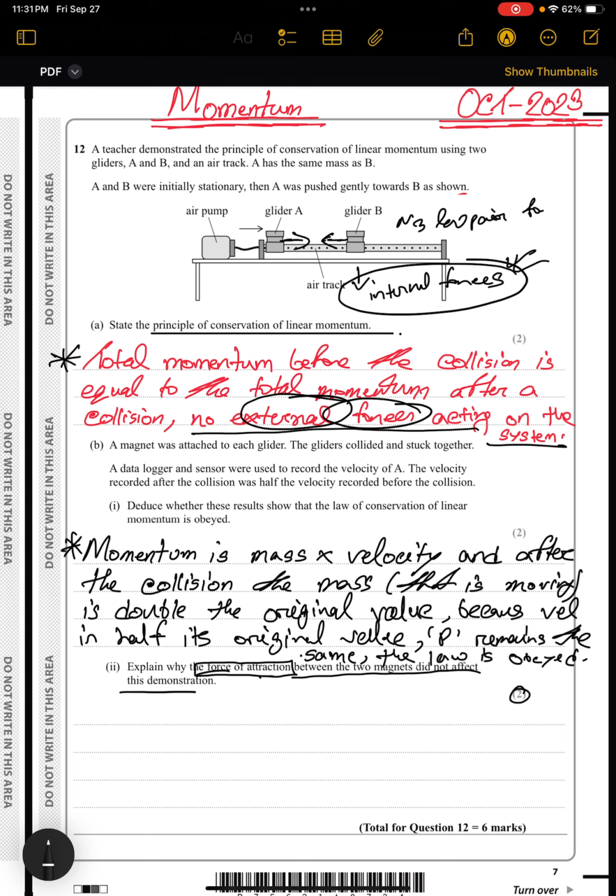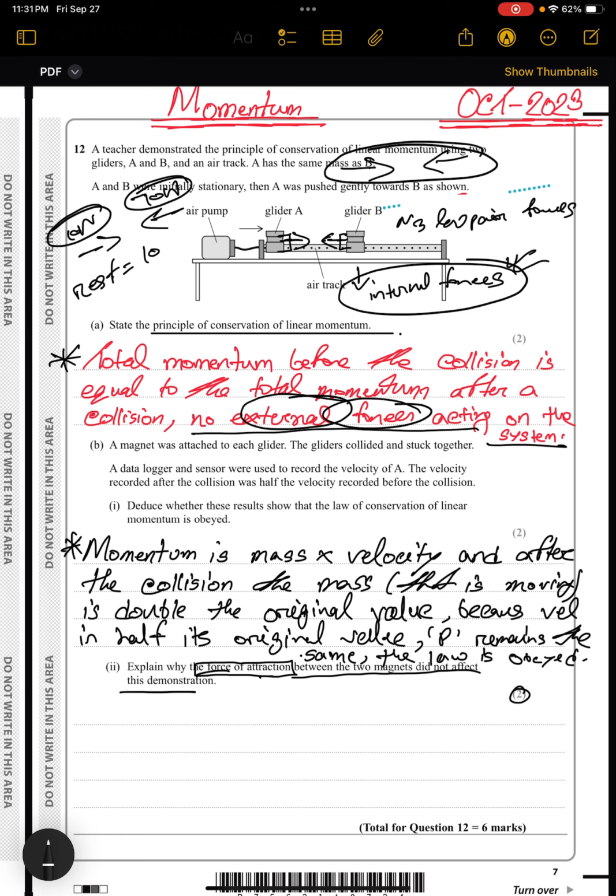As the magnets are in this position, the magnets will attract each other. These are attraction forces, acting in opposite directions, but the magnitudes will be similar. Suppose there is a force of 10 Newton in this direction and 10 Newton in the other. It will be minus 10 Newton and 10 Newton. So the resultant force will be 10 plus minus 10, which is overall 0. So there is no resultant force.